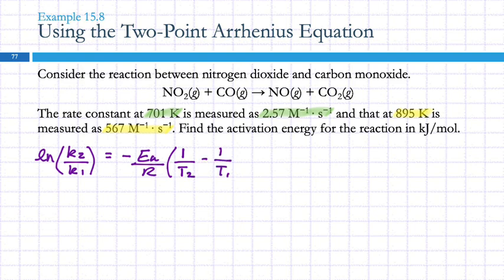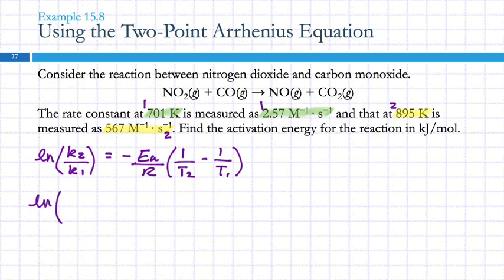I remember it because I did it yesterday. So we're calling this 1, and that 1, and this is 2, and this is 2. And it's important that they match up correctly, otherwise we'll get something ridiculous.